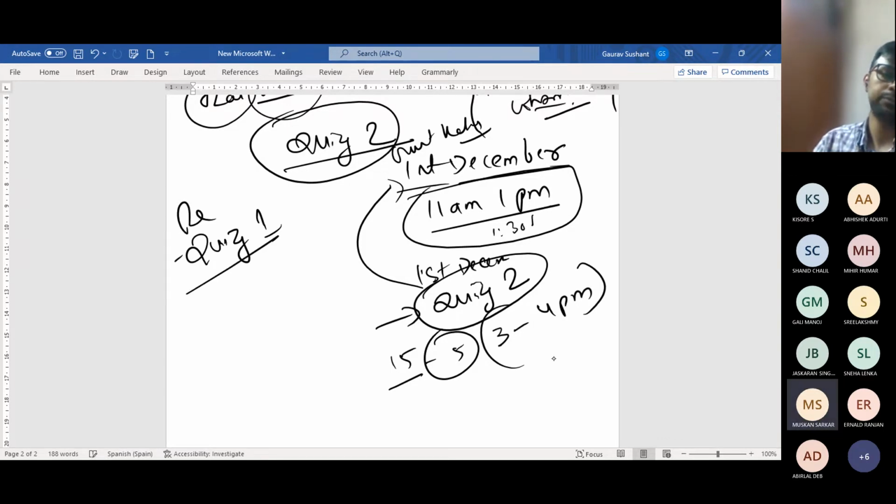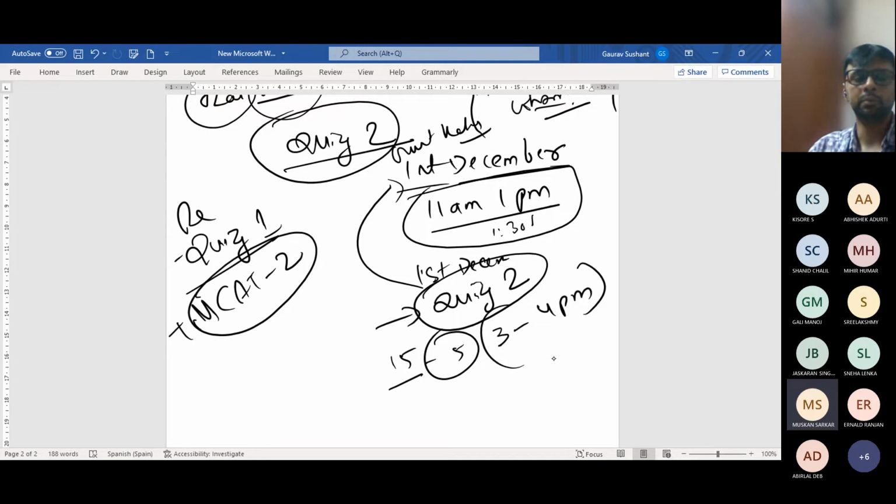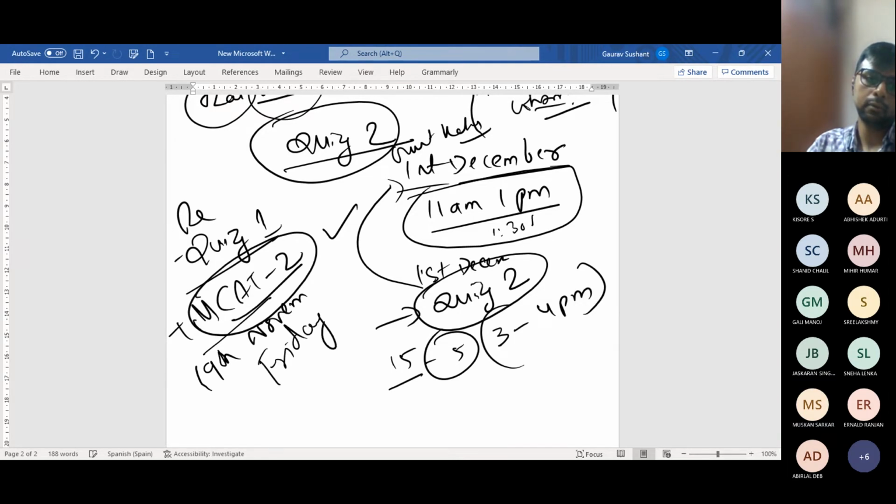And the syllabus is still till CAT 2? It will be the same as what you had, or maybe I have to find out. Okay, I think let us keep it till CAT 2, because otherwise other people will be at a disadvantage who are not giving it. So the re-quiz will be on Friday, 19th November, at 9 p.m.